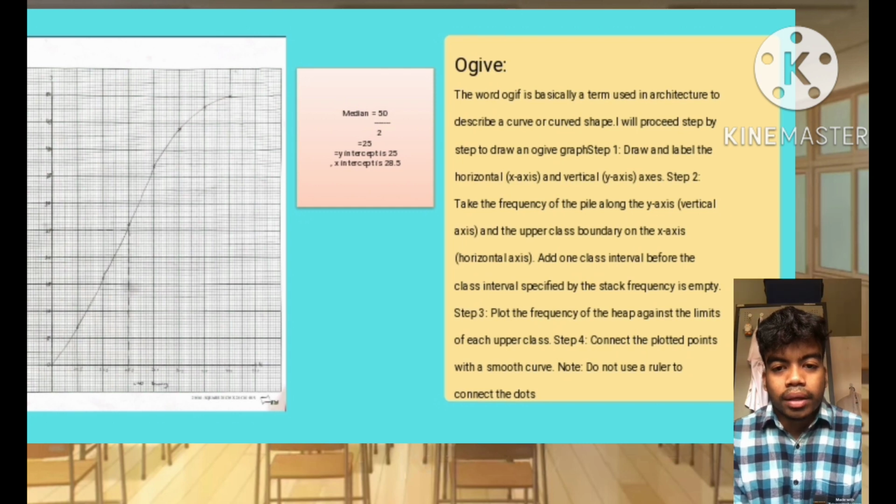We can also better make the histogram graph, frequency polygon, and ogive graph. There are many more things we learn, such as how to get the mode and the median. Thank you.